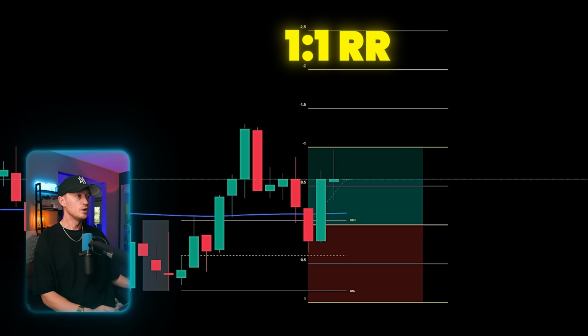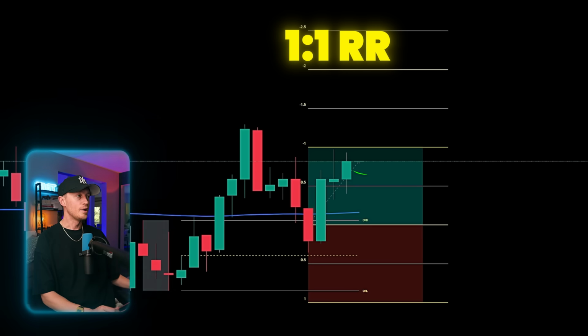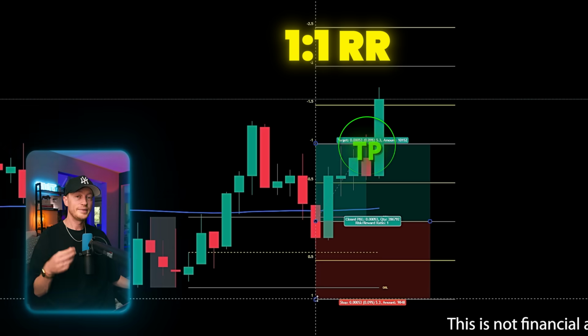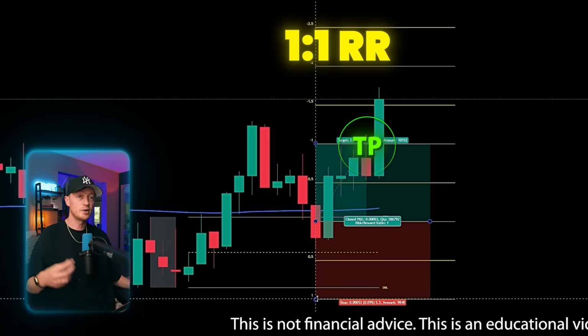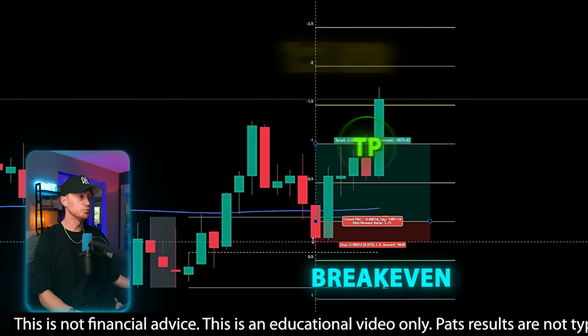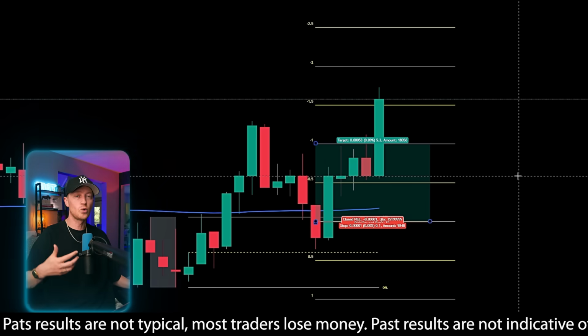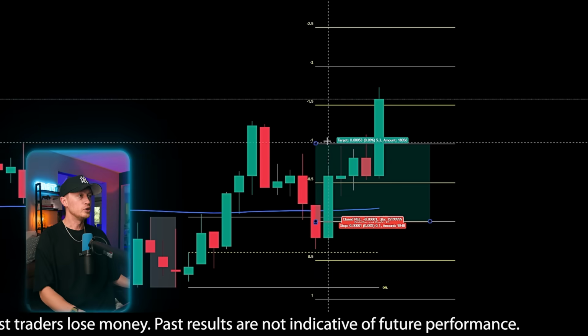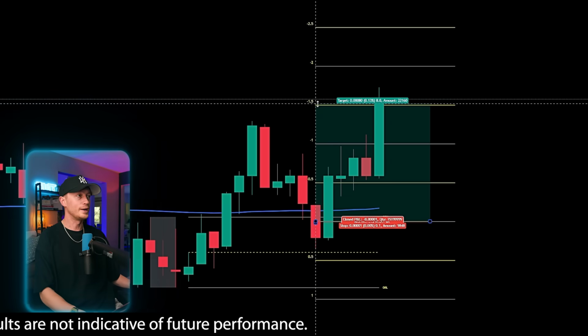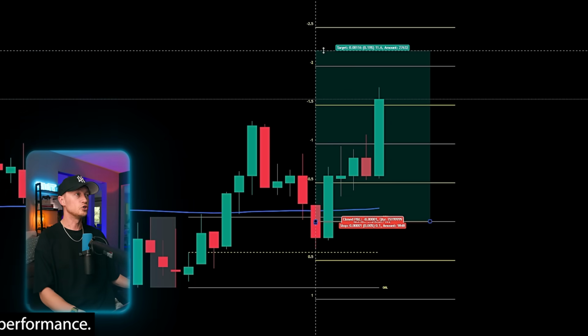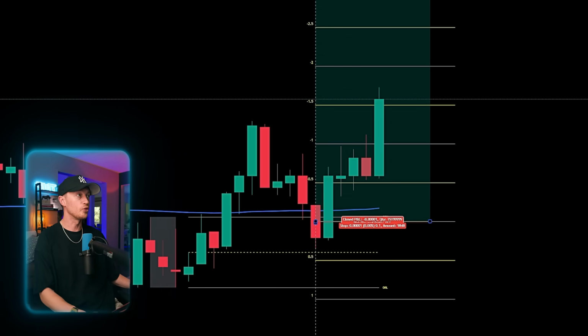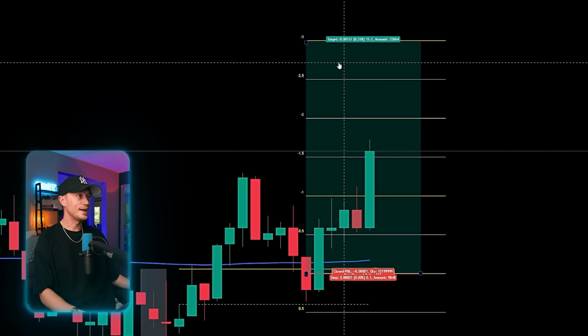And you can see almost immediately here, I hit that first take profit. Now, once I hit the take profit, generally I'll pull my stop loss to break even, and I make this a risk-free trade, and then I look for a second profit target. You could take that profit target to 1.5 to 2, even 2.5 or 3, which is all the way at the top.